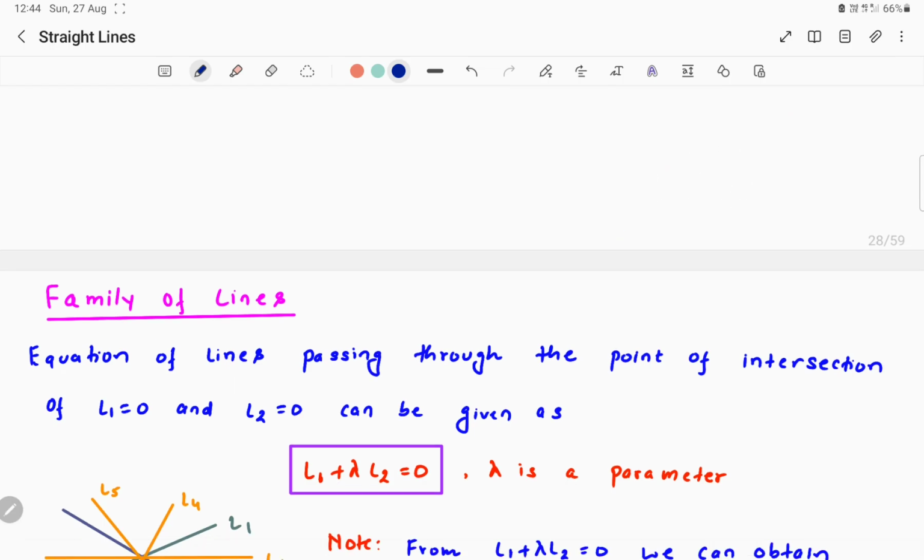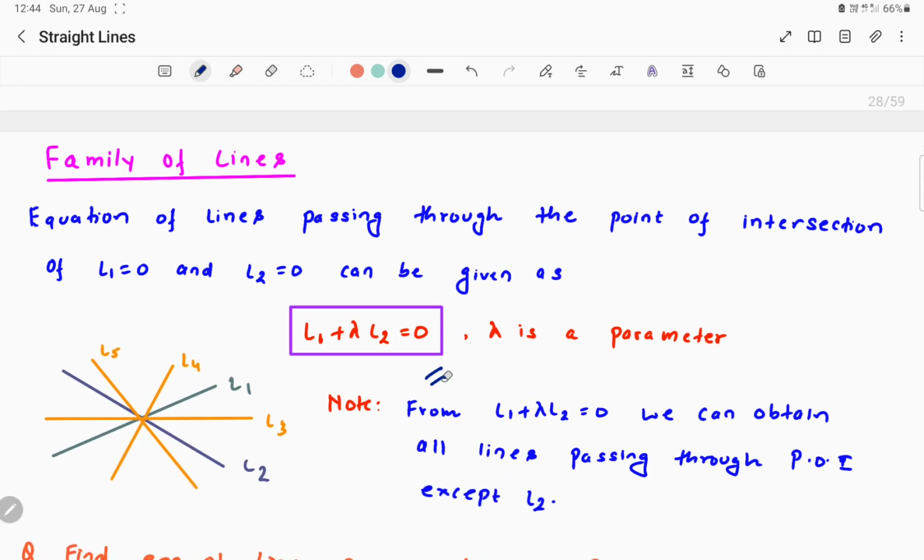So now you come here, and in this equation, if you substitute x with h and y with k, the first component will be 0 and the second component will also be 0. So it doesn't matter what the lambda value is, that point of intersection is definitely going to satisfy this equation. So first, it is representing a line, and second, this line is passing through the point (h, k). These two conditions are met, isn't it?